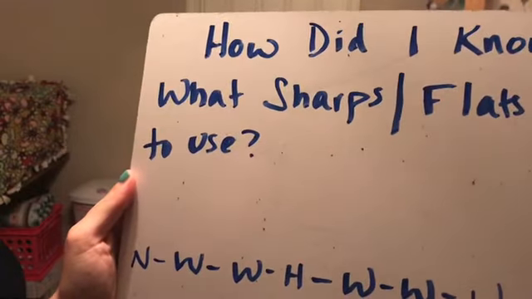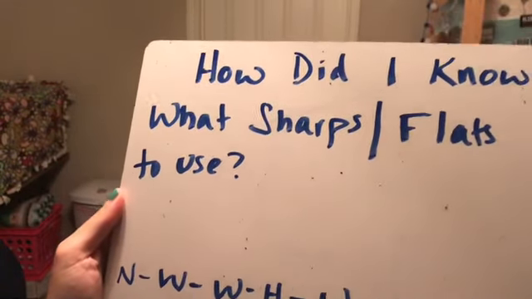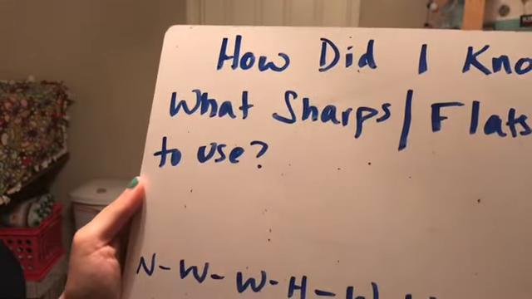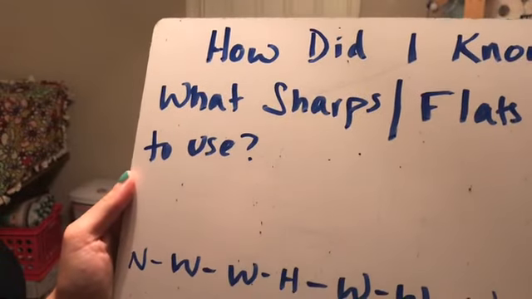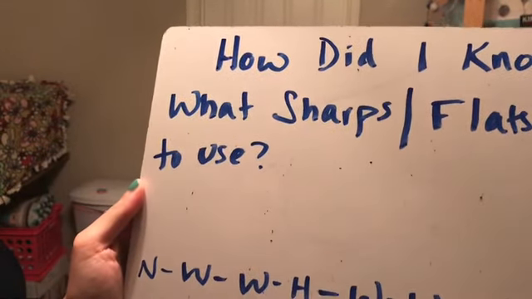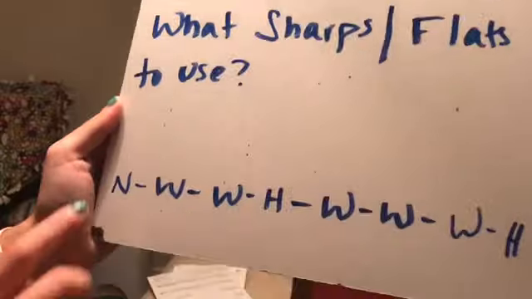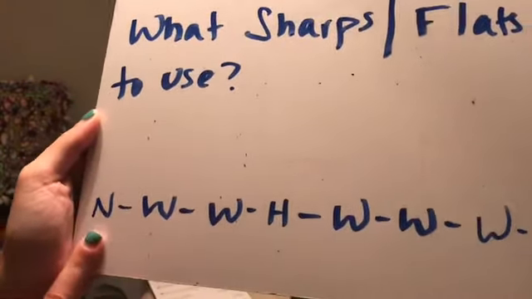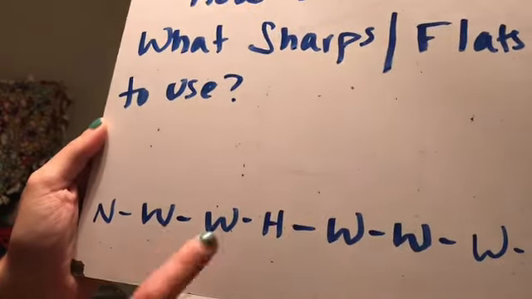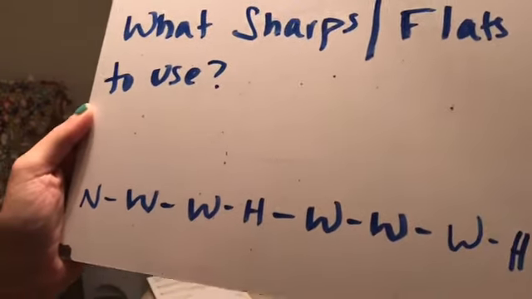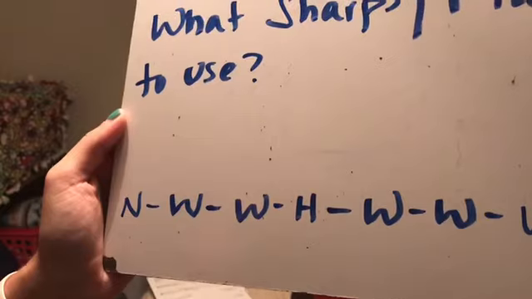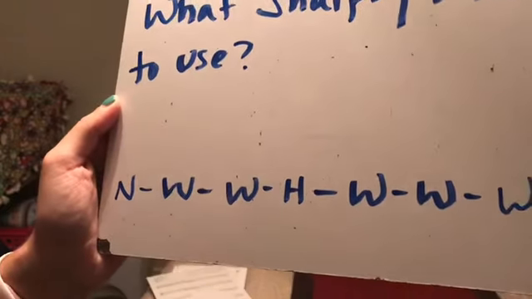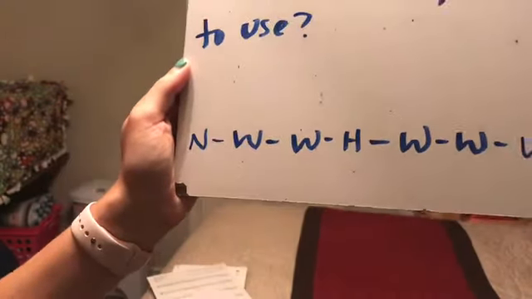In case the video went a little bit too fast in understanding how I came up with those sharps and flats in my key signatures, again, we're going to go back to our formula here. So this would be our starting note, the whole step, whole, half, whole, whole, whole, half. I'm going to use the example of the key of A major, which had 3 sharps.